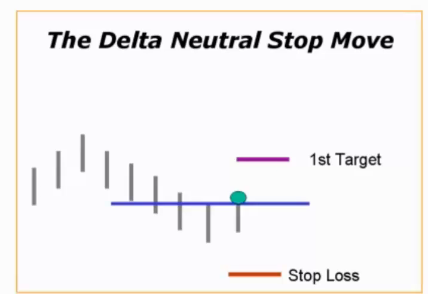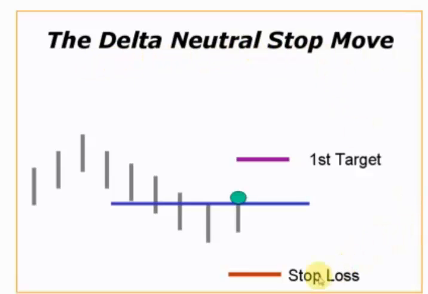Now, one trick is what I call the delta neutral stop move. I stole that phrase from hedge fund terminology. They used that term, I think, way back in the 70s, even early 80s. Delta neutral portfolio management, where everything was kind of balanced. So I kind of borrowed that, and I call it the delta neutral stop move.